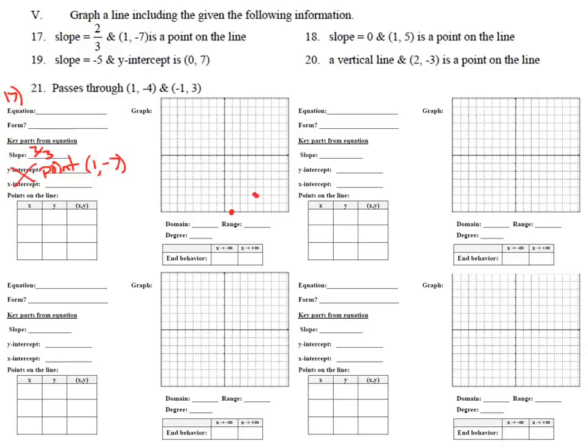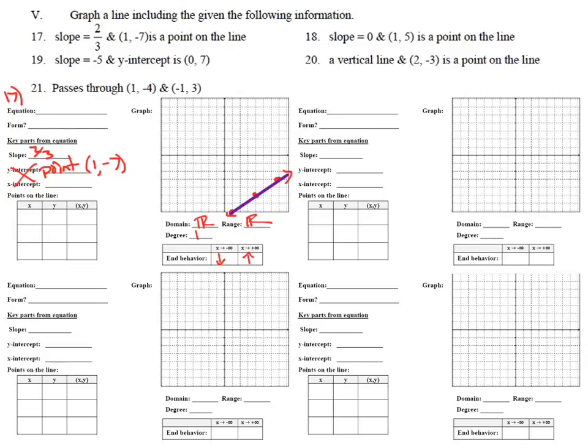And then up 2 and to the right 3. We can see our line. We can see the end behaviors and everything else, domain and range. So we know that's all real numbers. We can say that as our x value decreases, our y value also decreases. As our x value increases, so does our y value.